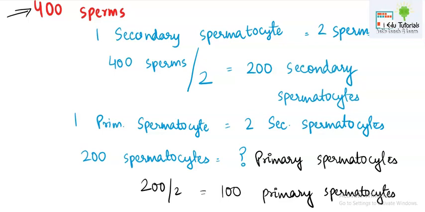So 100 primary spermatocytes will form 200 secondary spermatocytes, and 200 secondary spermatocytes will form 400 sperms. These types of questions come in the board examination. So if the concept is clear to you, you will get 100% marks in such questions.